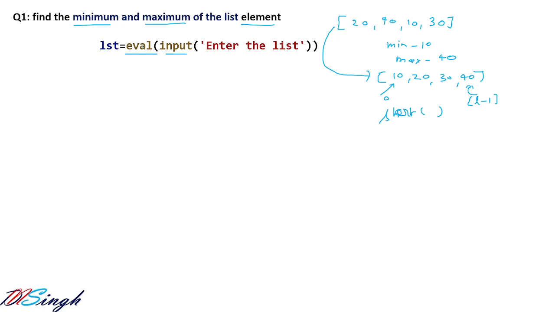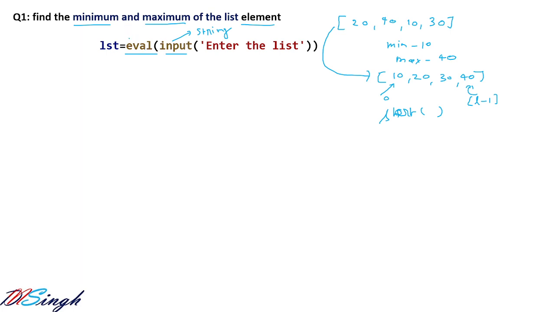Otherwise, what is the return type of the input function? By default, it is string. So if you do not use the eval function, you are going to get that list in the form of a string in this lst variable. To avoid that problem, we have used the eval function.